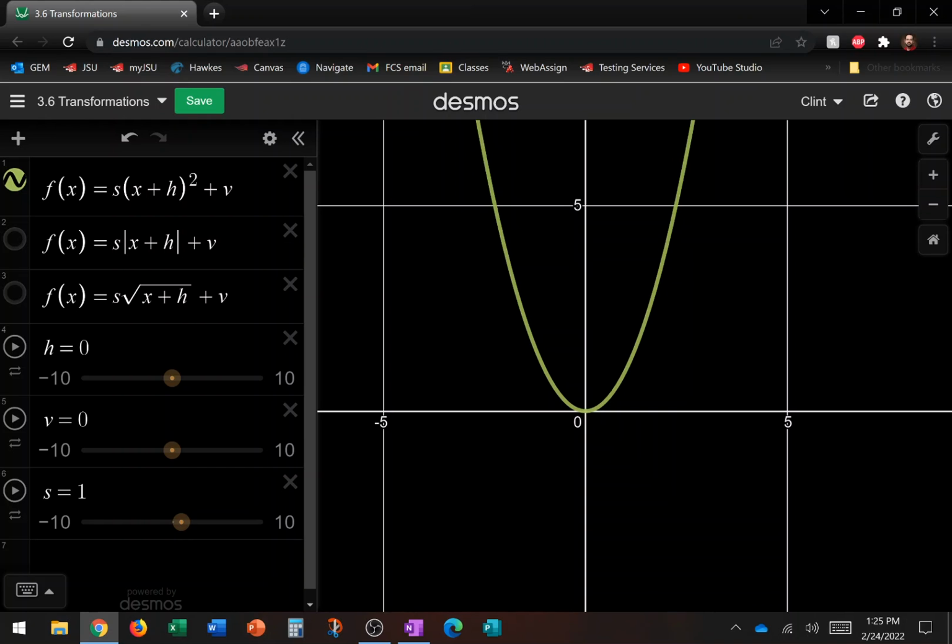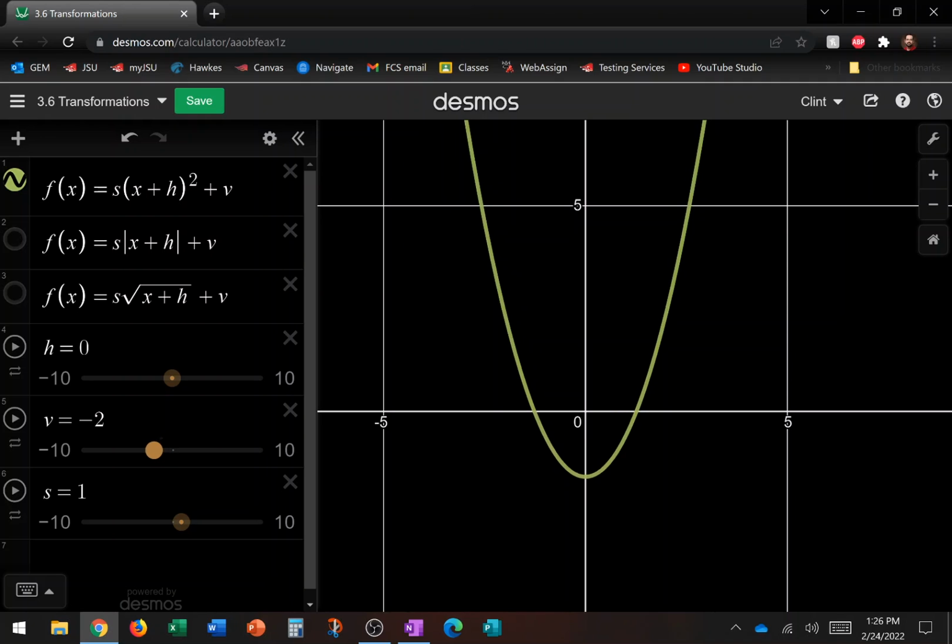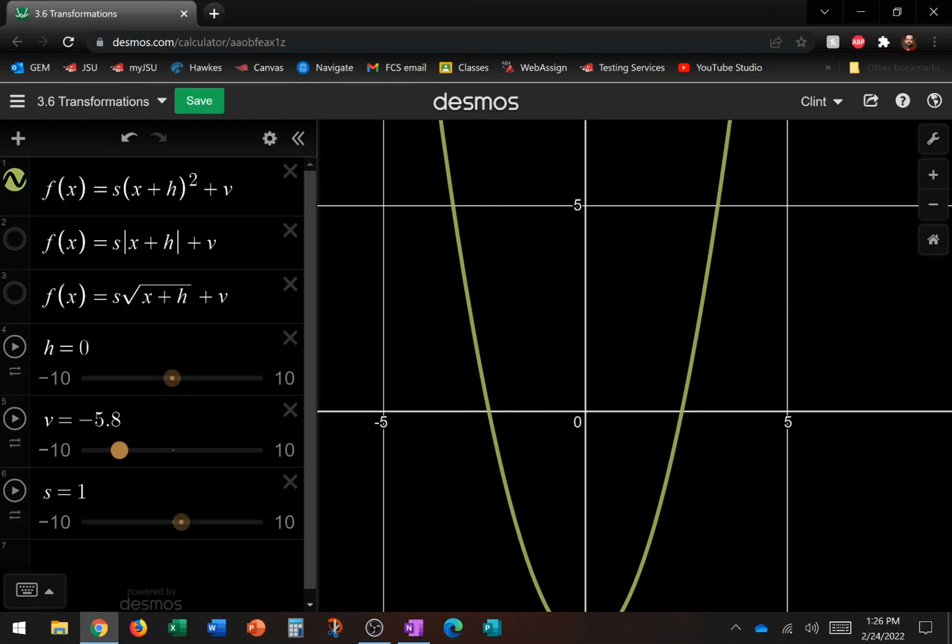Okay, so let's change some stuff around. We're going to do a positive number on the outside, that would be the vertical shift. If we go positive, it's going to move our graph up from where it started. If we go negative, it'd move our graph down.